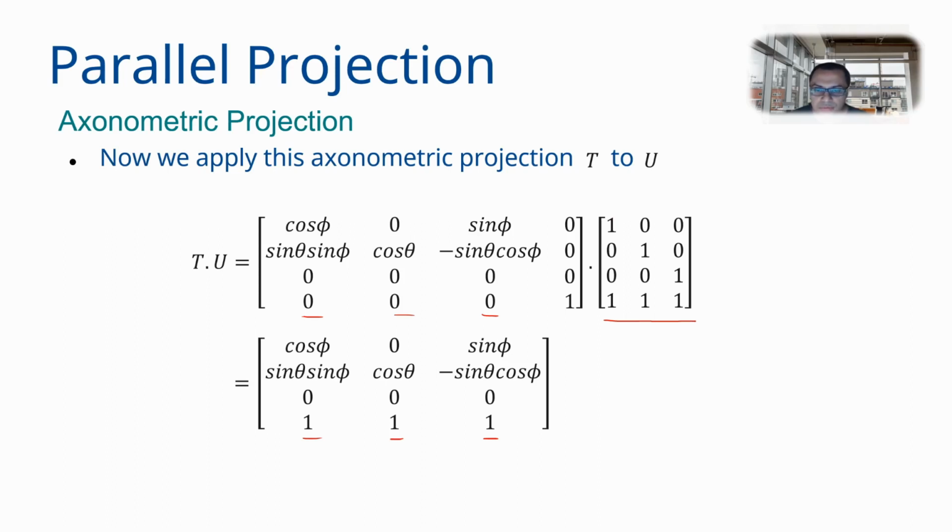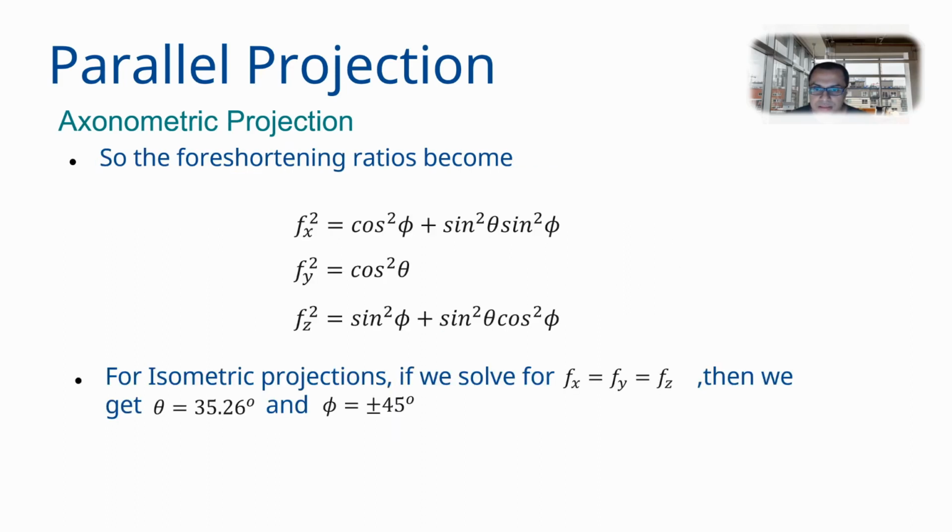Now we can compute the foreshortening ratios for this transformation, and fx square, fy square, fz square now get these values, right? So now if I apply the additional constraint that all the three foreshortening ratios have to be equal, then we can solve for theta and phi, and we get that phi is plus minus 45 degrees and theta is 35.26 degrees.